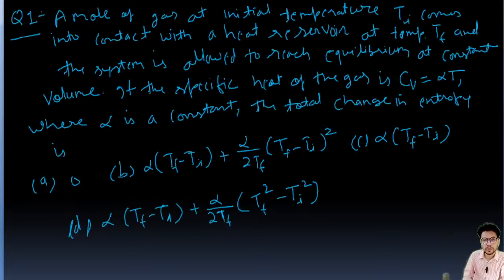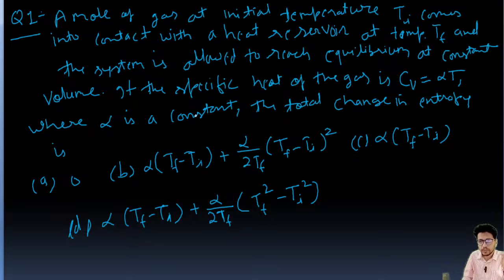So I'm going to solve it. A mole of gas, so 1 mole of gas at initial temperature, the initial temperature of that system of 1 mole of gas is Ti, comes into contact with a heat reservoir which is at temperature Tf, and the system is allowed to reach equilibrium at constant volume, keeping volume constant.